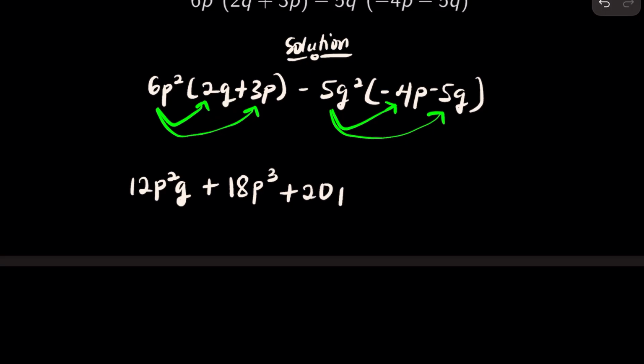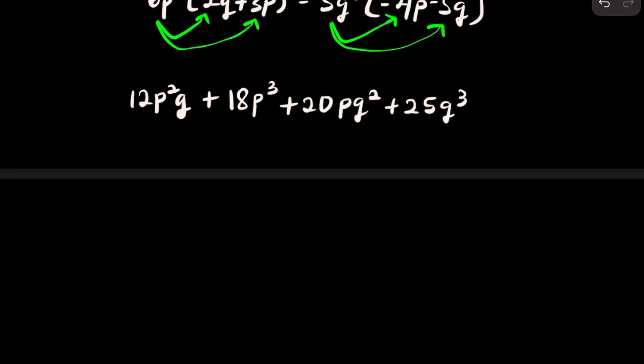plus 20p q squared. And also we have minus 5q squared times minus 5q. So we are going to have minus minus, which is going to be plus, and 5 times 5 is 25. So we have 25q cubed. And so we group like terms as we did in the first example. So let's see if we have some like terms in here.